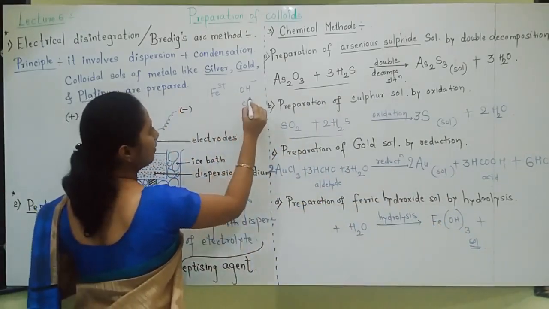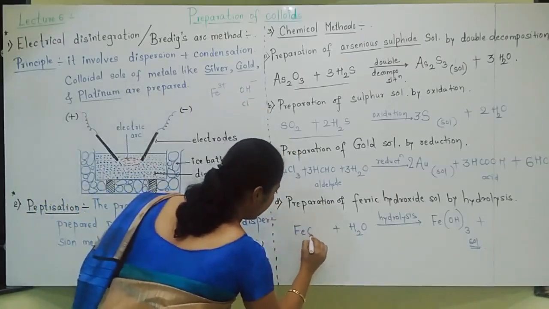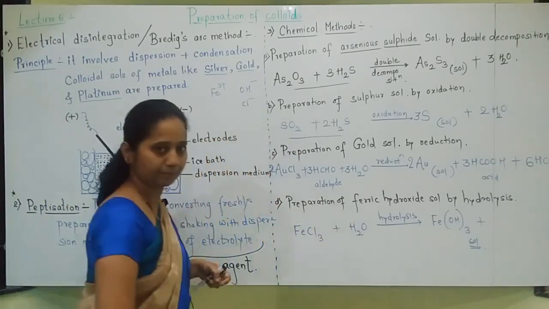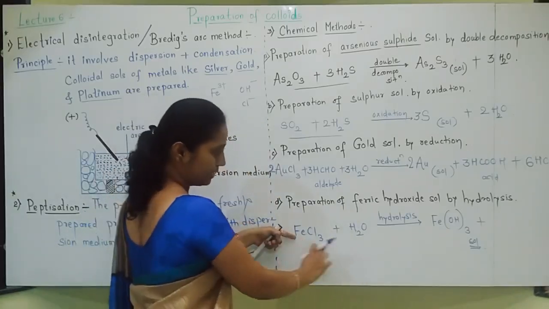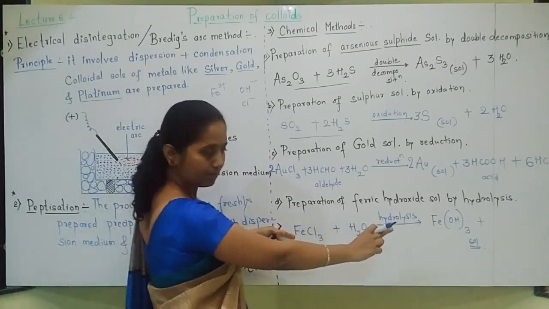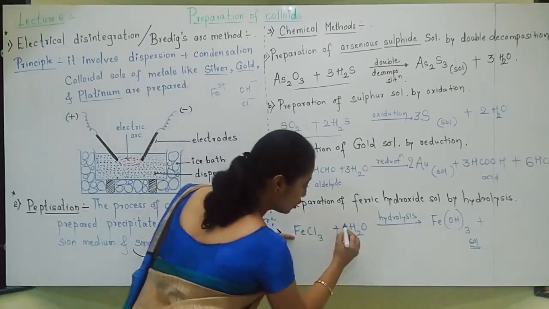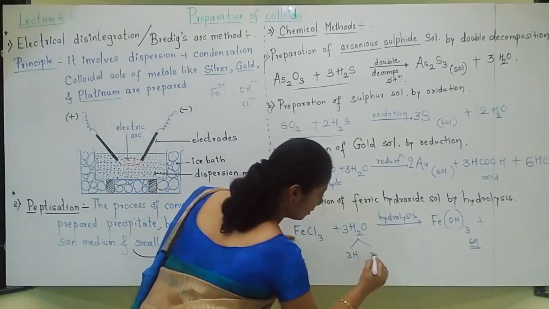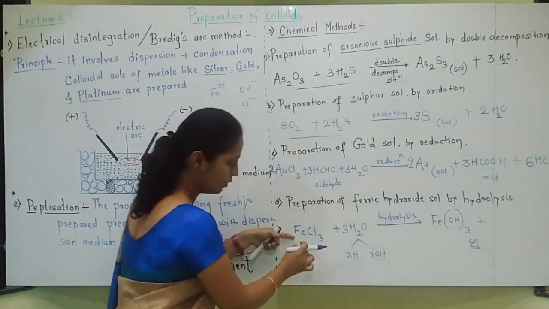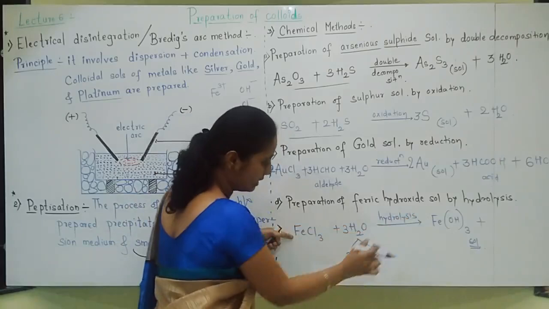Formula of ferric chloride, FeCl3. Okay, students, here now balancing. FeCl3 became Fe(OH)3, means how many OH are added? 3 OH added. 3 OH comes from 3 water, because 3 water has 3H, 3 OH. Okay, so Fe plus 3 OH, Fe(OH)3.